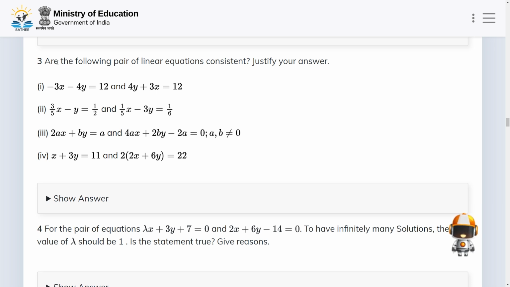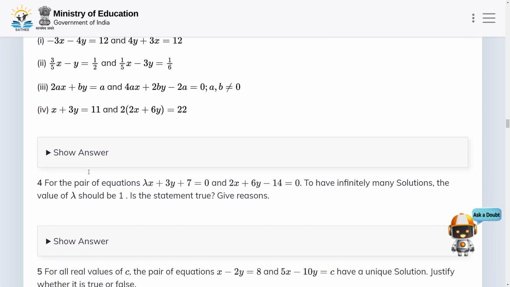In the third one, we have 2ax plus by is equal to a and 4ax plus 2by minus 2a is equal to 0, where a and b are not equal to 0. And in the fourth one, we have x plus 3y is equal to 11 and 2 times 2x plus 6y is equal to 22. Now let us see the solution.